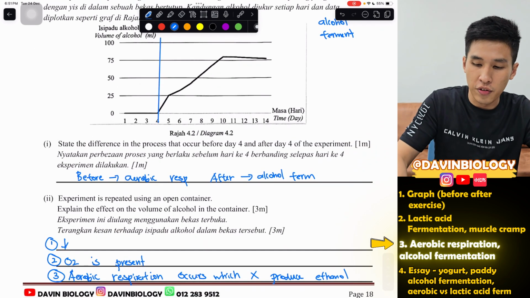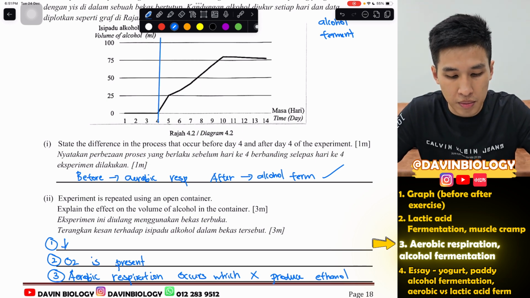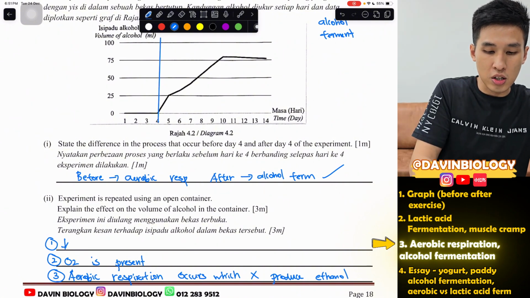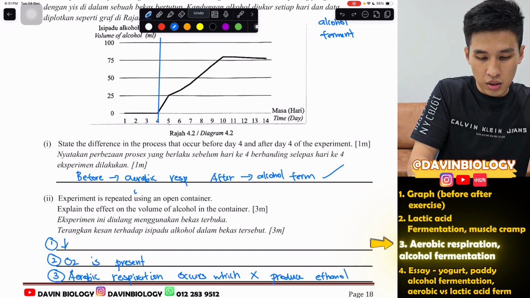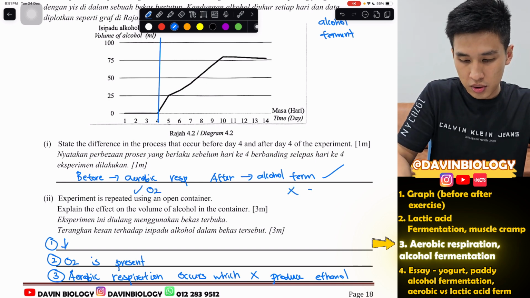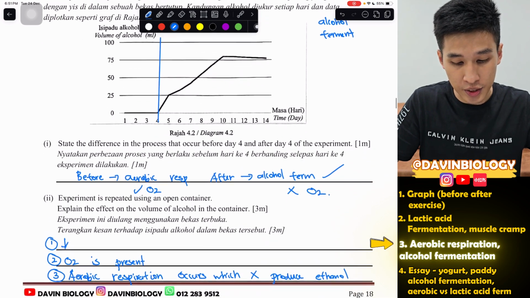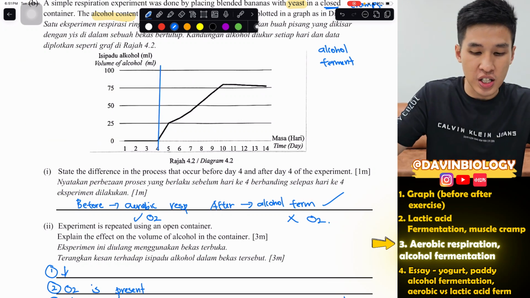Okay, now other than this, for this one, I just go back to the question. You can write other things also. So the aerobic respiration and alcohol fermentation, you also can say basically there's no oxygen, there's oxygen present. You can say the energy amount, because they want the difference in the process that occurs.